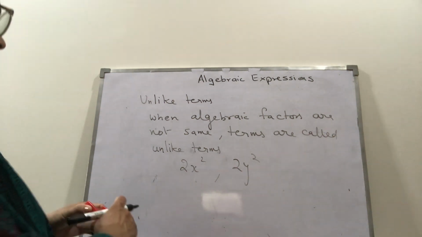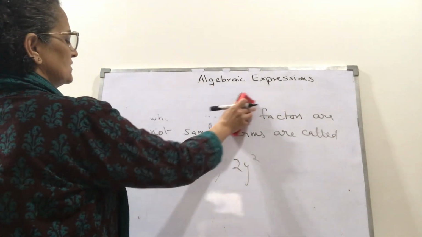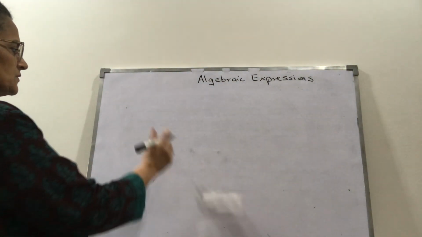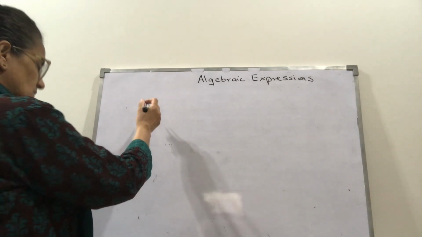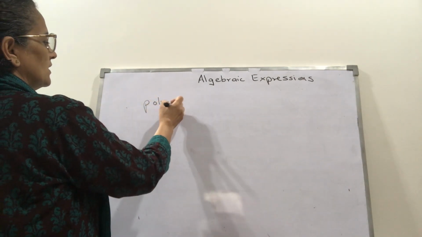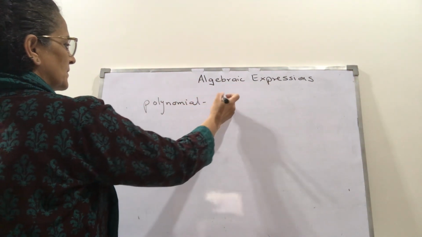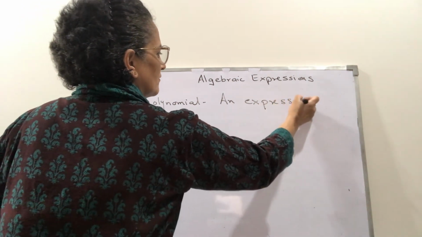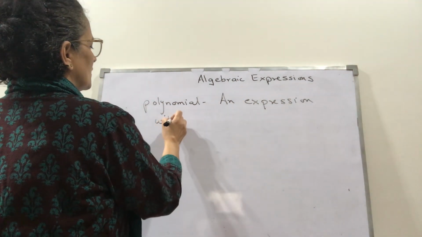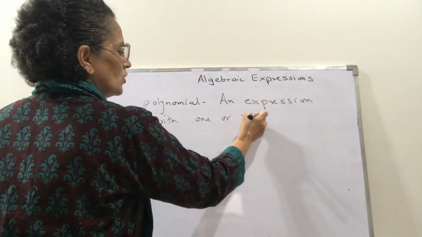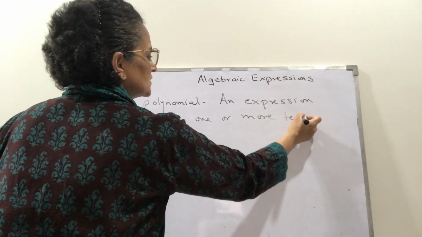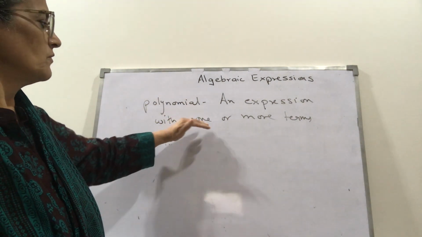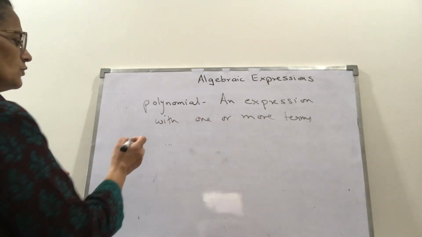Now we talk about expressions called polynomials. And we talk about some specific polynomials. So we talk about polynomial. An expression with one or more terms is called polynomial. So we give specific name to few polynomials.